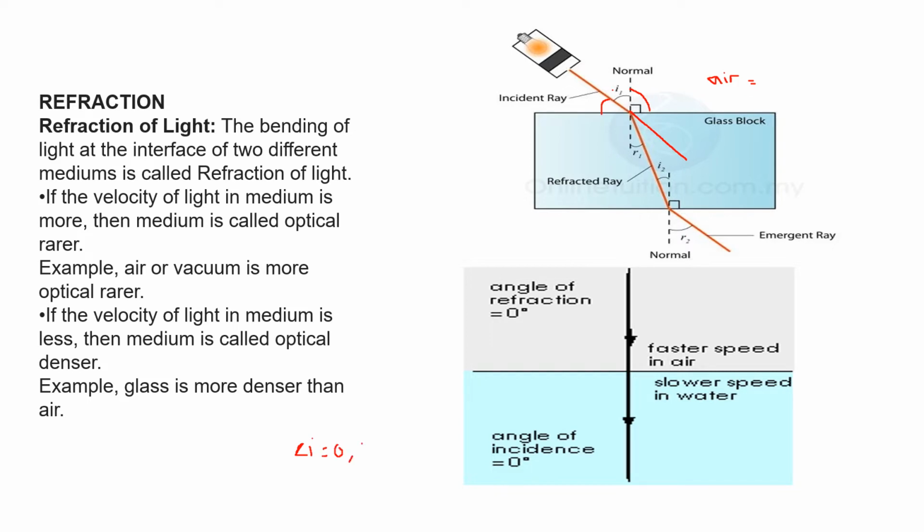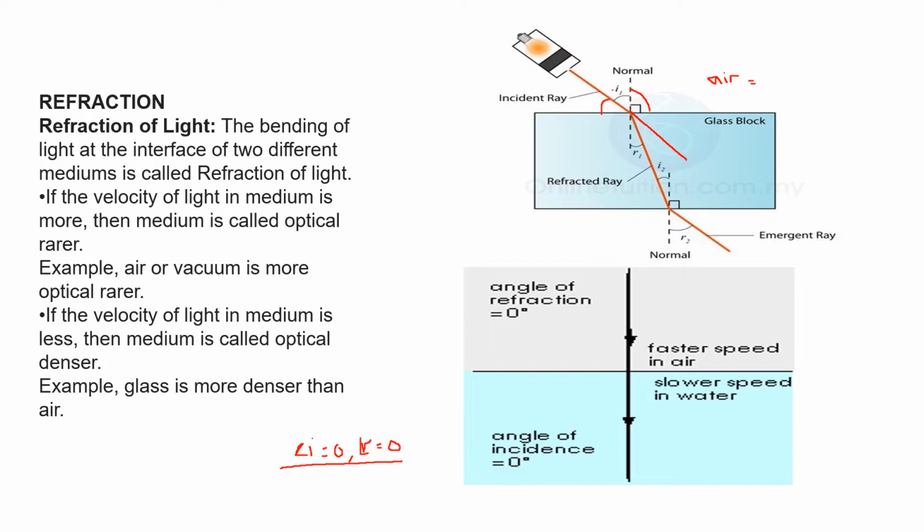Now even the angle of refraction is also 0. Whenever the rays form a 90-degree angle with the surface, or whenever the rays are perpendicular to the surface, at that time the angle of incidence and angle of refraction are 0.